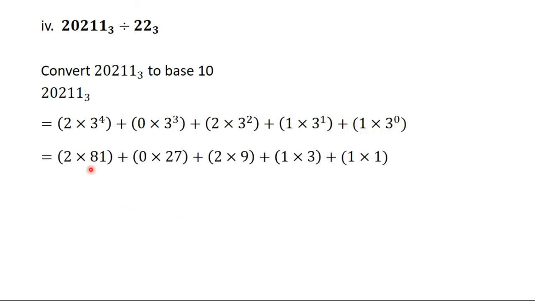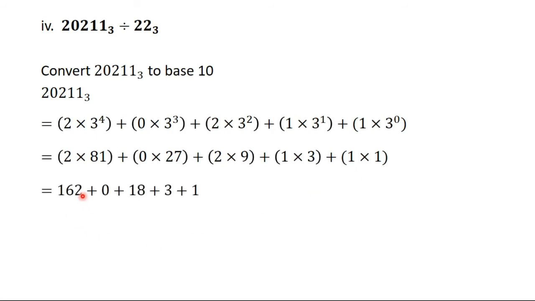This is going to give us 2 times 81, since 3 exponent 4 is 81, 0 times 27, 3 exponent 3 is 27, plus 2 times 9, 3 squared is 9, plus 1 times 3, 3 exponent 1 is 3, plus 1 times 1. 3 exponent 0 is 1.